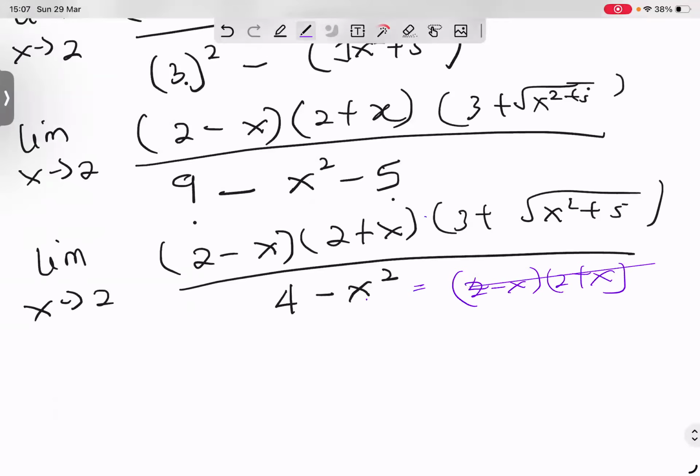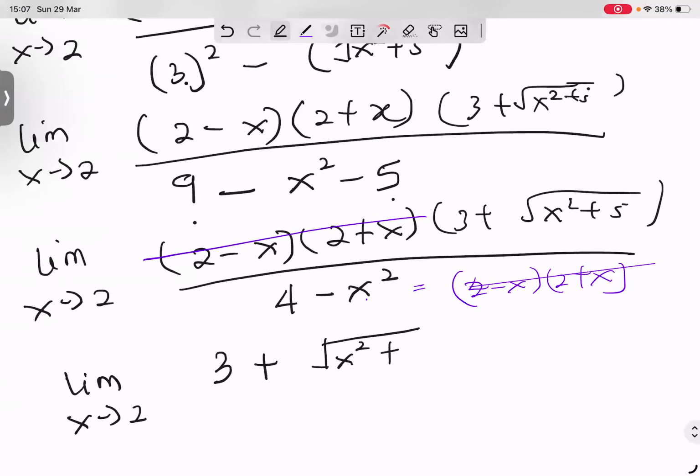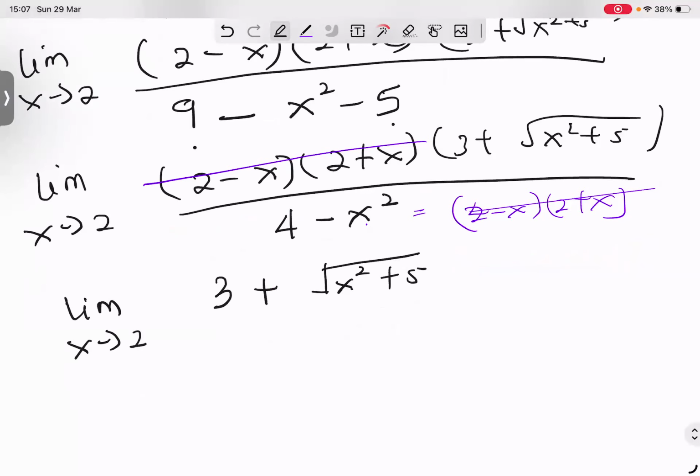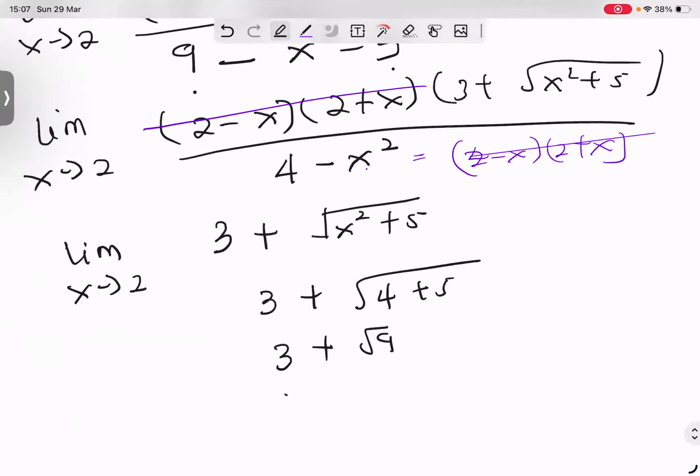So this will cancel all of that, and you are left with the limit as x approaches 2 of 3 plus square root of x squared plus 5. Now, wherever you see x, you put a 2 there. So this is 3 plus square root of 2 squared, which is 4, plus 5. 3 plus square root of 9, 3 plus 3, and the answer is equal to 6.